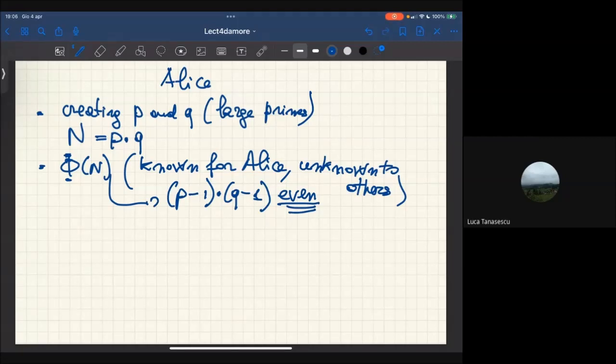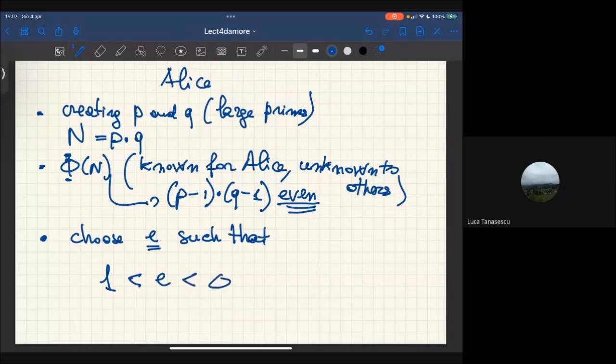Now, Alice should be choosing a number called E. I am saying that Alice should be arbitrarily choosing a number E, such that E is between 1 and phi of n, and the greatest common divisor between E and phi of n is equal to 1.